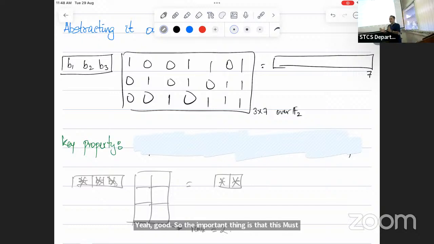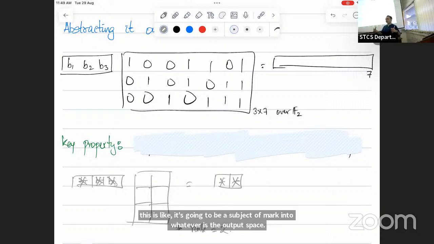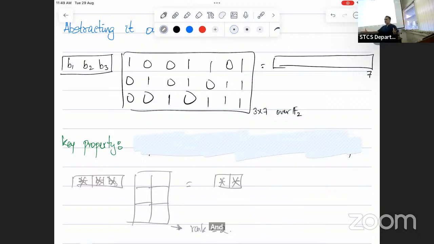That is, it must be full rank. If the columns are linearly independent, then it's going to be a surjective map into the output space. And linear maps have this nice property that every achievable output will be achieved with the same size preimage. So it nicely ties out the whole thing.